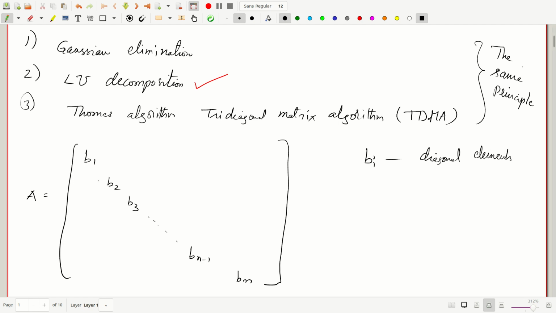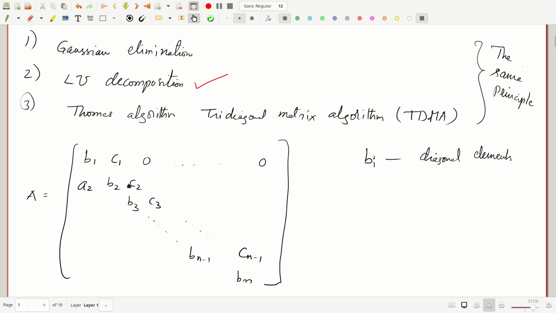We have the super diagonal elements, that is C1, C2, C3 all the way to C n minus 1, and after that we have all zeros. Similarly for the subdiagonal elements we have A2, and so on. The 1, 2, 3 indicate the corresponding row. So in the first row we have B1, C1.